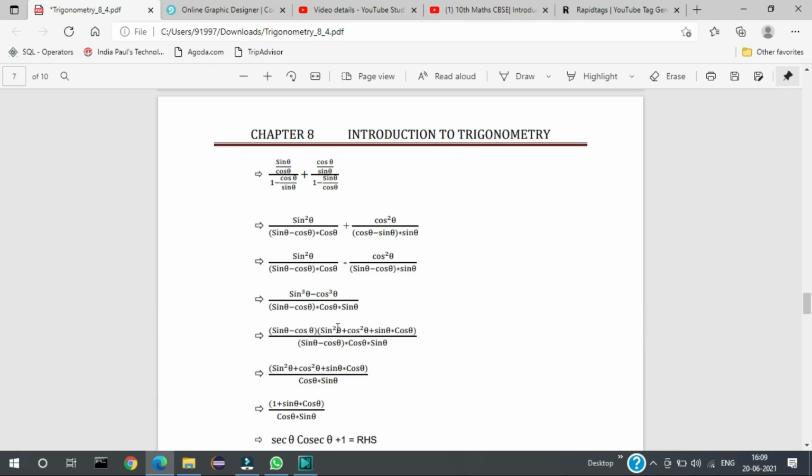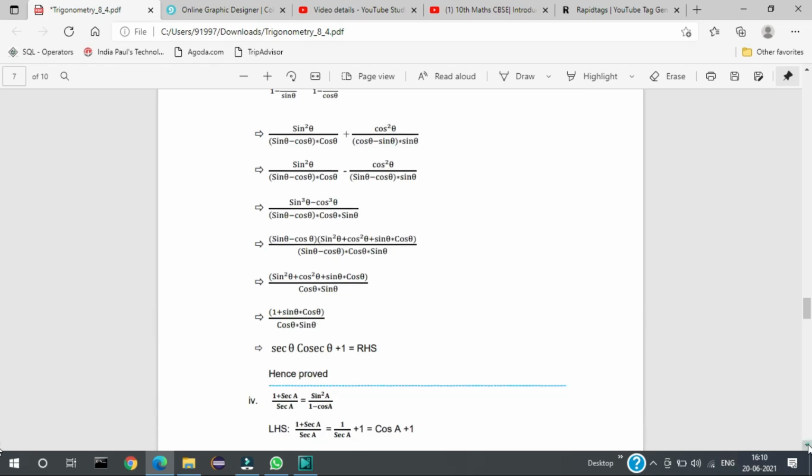Now what is the remaining? Sin square theta plus cos square theta plus sin theta into cos theta by cos theta into sin theta. So 1 plus sin theta into cos theta by cos theta into sin theta. So 1 by cos theta into sin theta plus sin theta cos theta by cos theta sin theta. So secant theta into cosecant theta plus 1, RHS we will get.